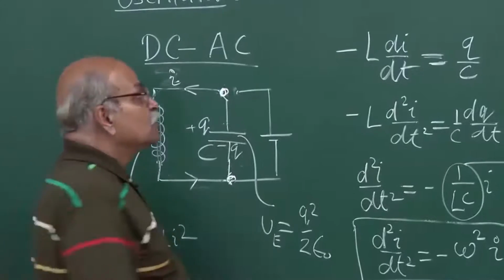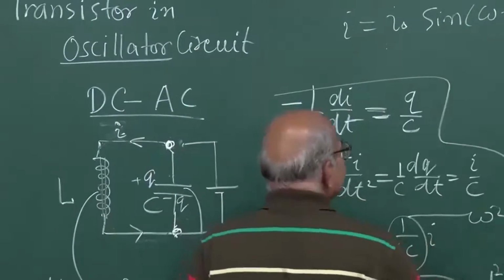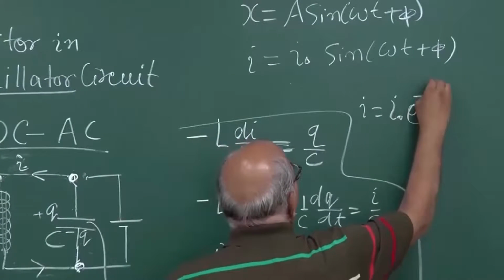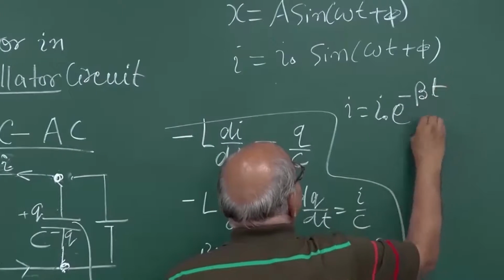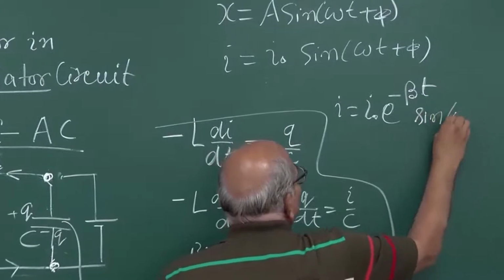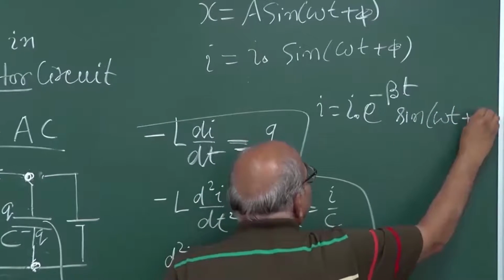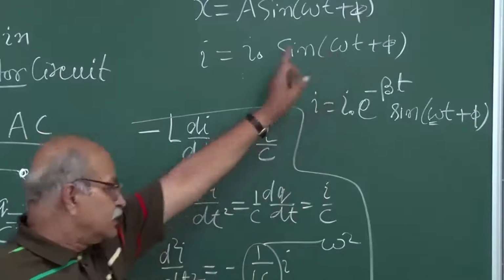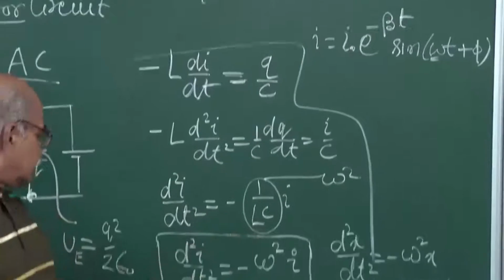So if you have resistance, then the current is going to be some e^(-βt) sin(ωt + φ). This ω is slightly different from this ω which is here.